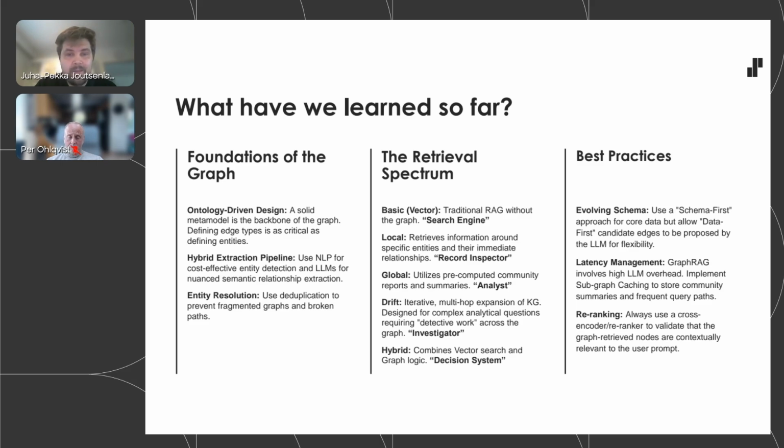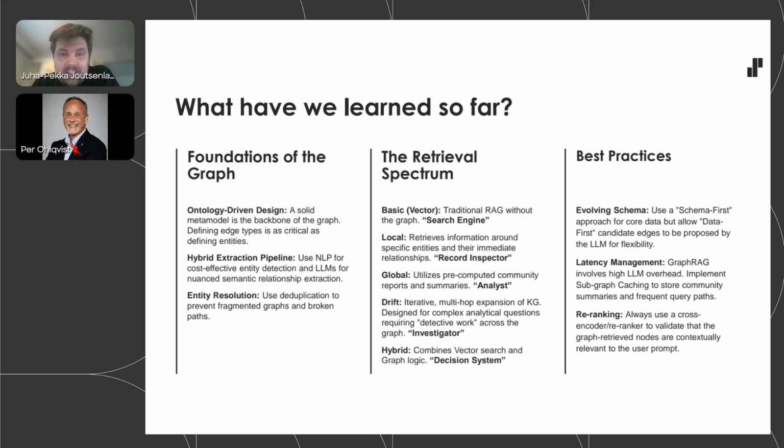So using an LLM for populating the graph might not be the smartest way, because that is a task that can be done with some NLP solution, so natural language processing, or some small language models. And also, if we have duplicates or other problems with the graph, it does not really serve the purpose. Also, there are different retrieval strategies.